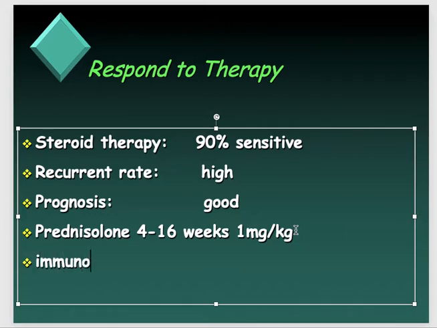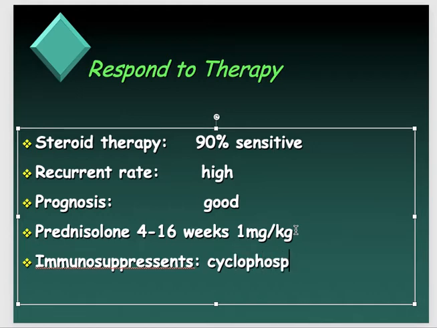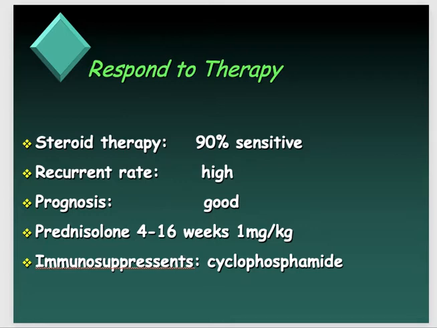These are immunosuppressants, right? Just remember a few simple names: cyclophosphamide, okay, or many others. So many other drugs can be given. So cyclophosphamide we can give. This is about minimal change disease.